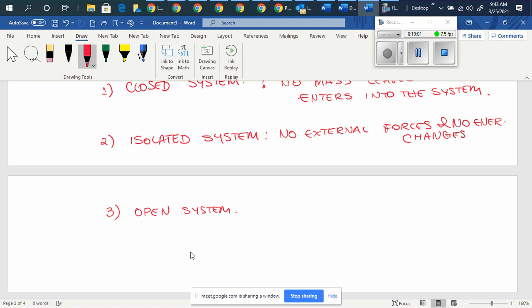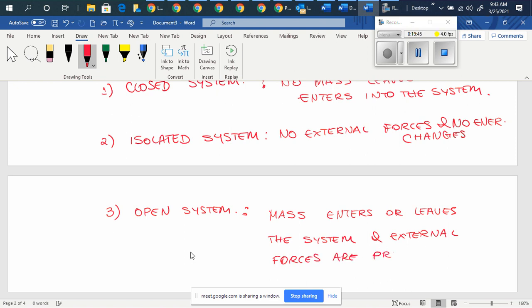We will talk more about this when we see the conservation of momentum, but just so you know, mass may enter or leave the system, and external forces are present on the system, which means that they may influence the motion of the system.